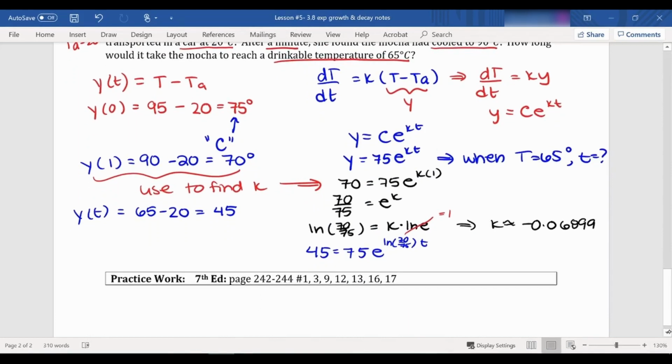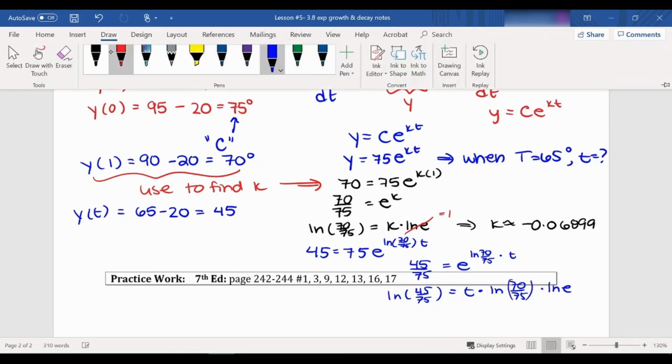So if I divide both sides by 75, I'm going to have 45 over 75 equals e to the ln 70 over 75 times t, ln both sides. Bring the exponent down.